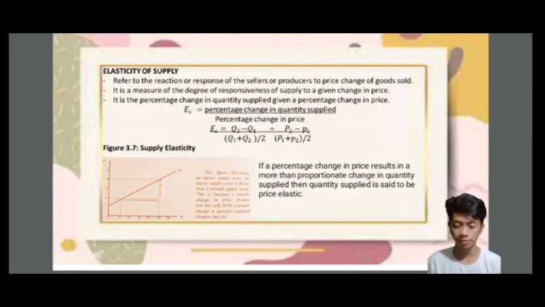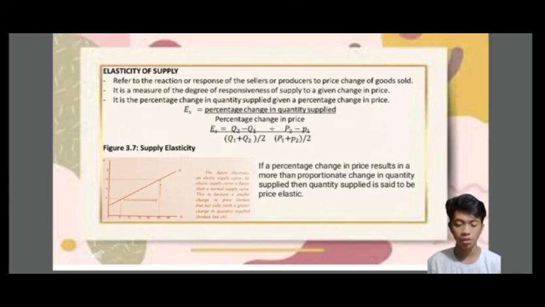Elasticity of supply refers to the reaction or response of the seller or producer to price change of goods sold. It is a measure of the degree of responsiveness of supply to a given change in price. It is the percentage change in the quantity supplied given a percentage change in price.